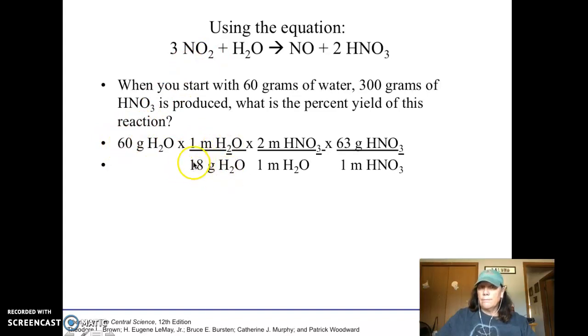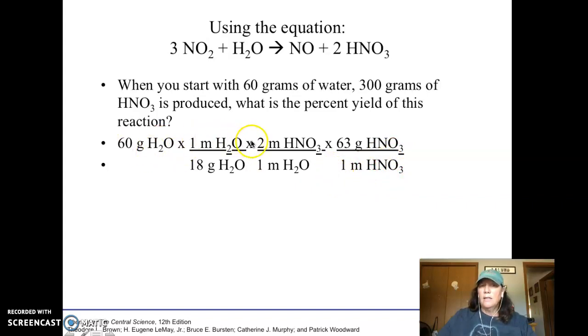That's what it weighs. Then I do my mole ratio from my balanced equation. 2 and 1, 2 here, 1 here. Okay, that's where they come from. And then 1 mole of HNO3 has 63 grams. That's 1 hydrogen, 1 nitrogen, 3 oxygen added together. It's formula mass.